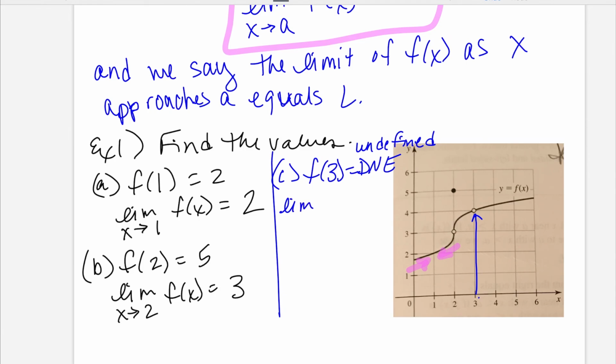What if I have my limit as x approaches 3? That does exist. And it is a 4. Cool, right? I'm letting that soak in. So when I'm looking at a limit, you don't necessarily have to have a value of your function at that point. It's just, what is my graph approaching? And that is the concept of a limit.